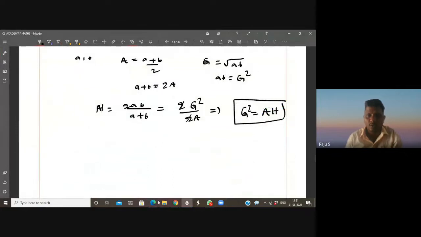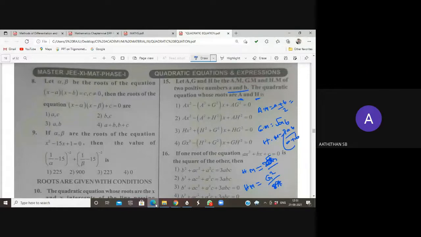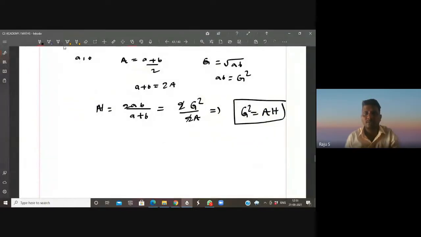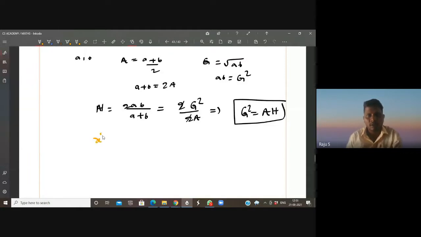What are the roots here? A and H. A and H means the quadratic equation is x square minus (A plus H) into x plus AH is equal to 0.